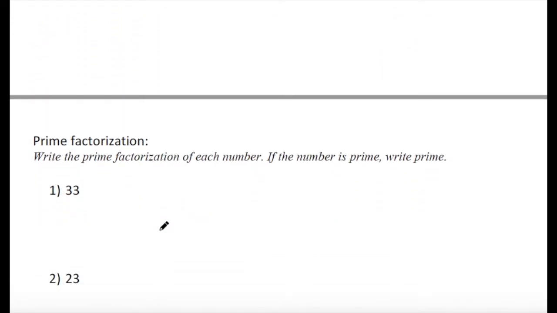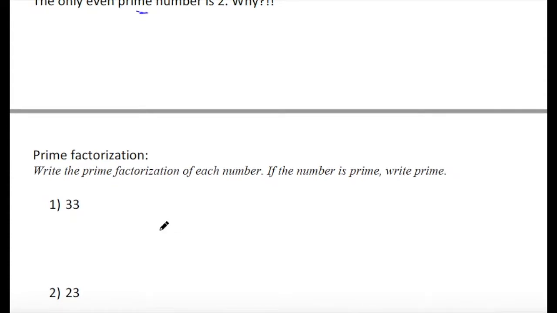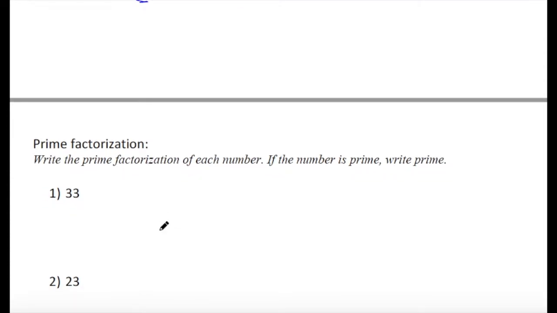Now, prime factorization. In prime factorization, you write any number as a product of prime numbers. But how can I know? For example, 18. 18 equals 2 times 9. 2, okay, it's prime.